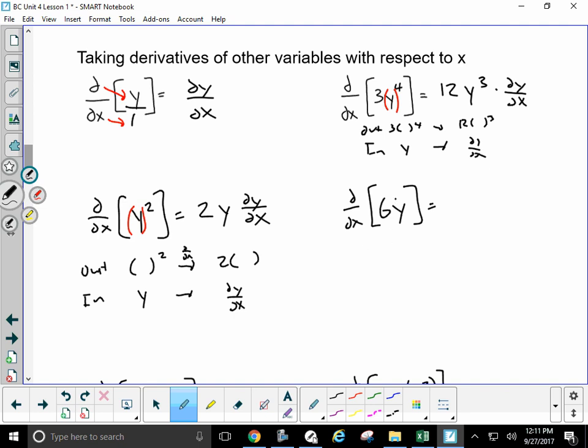This guy, well, outside is 6 stuff, inside is the y. Now, if I thought of this as 6x, the derivative of 6x is just 6. I'm going to say this is just 6. But the derivative of y is dy dx. Now, what we notice is that taking derivatives of these y's is the exact same thing as taking the derivatives of the x's, except we need to multiply our kind of finished product with a dy dx.